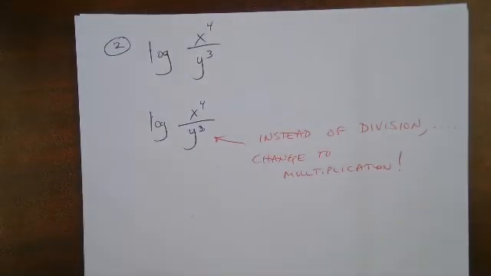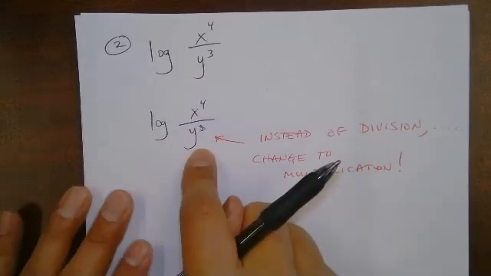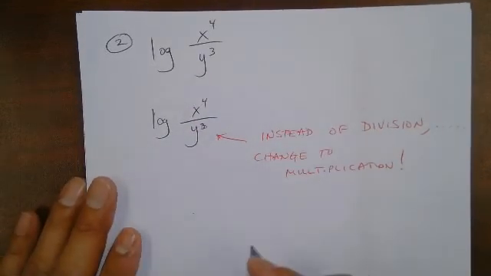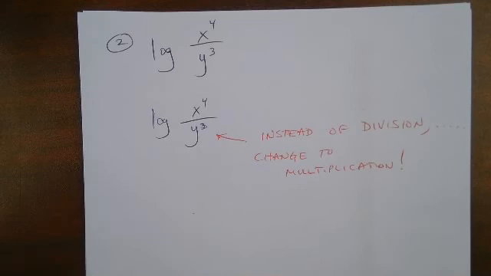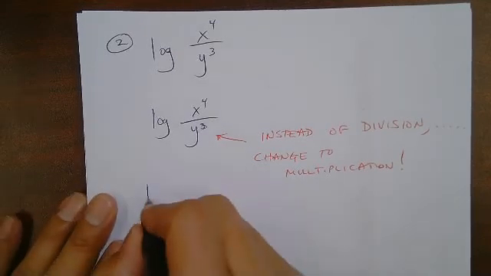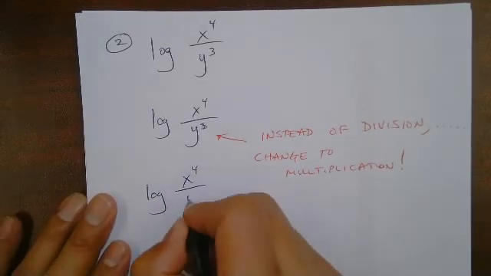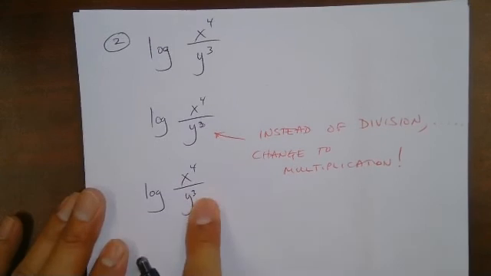And you're like, okay, I know that, but how do you change it to a multiplication? Anybody know? Go ahead. Move the y up. Yeah, just move whatever's in the bottom up. Correct. Forget division. You're only going to work with multiplication and the exponents.